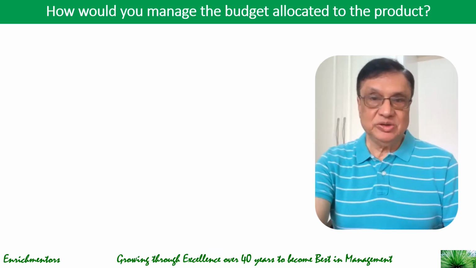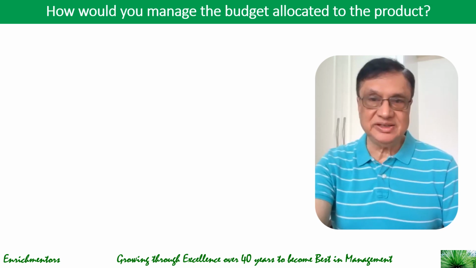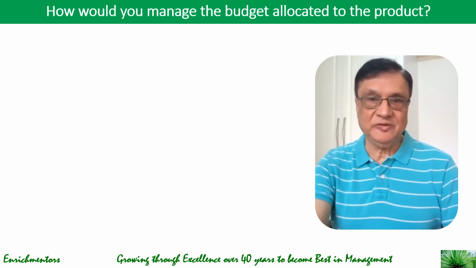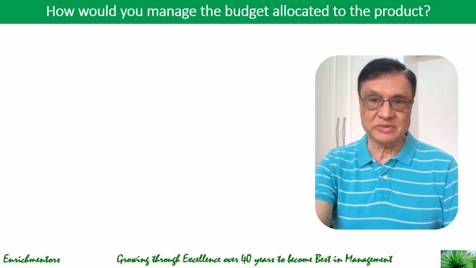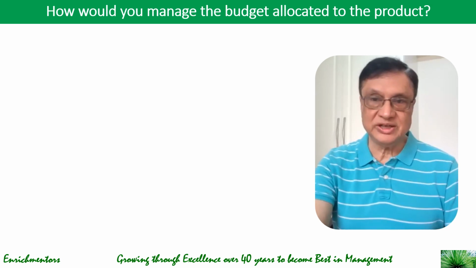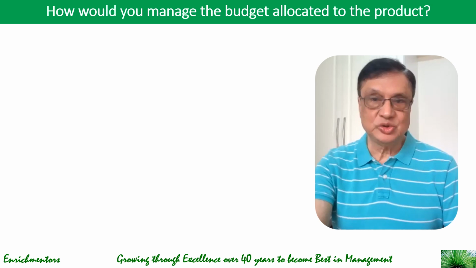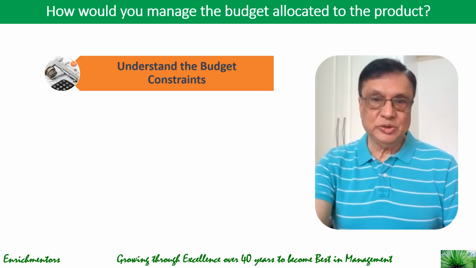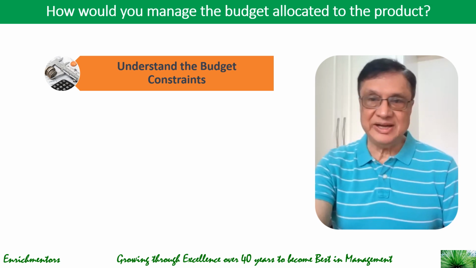Right. So as you would have guessed, this part of managing the budget allocated to the product is also a critical responsibility of the product manager. And how can you manage the budget? Let's take a look at the steps that you can take to effectively manage the budget for your product. So begin by thoroughly understanding the budget allocated to your product.